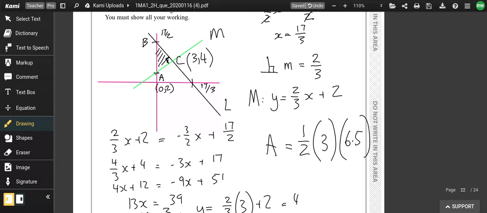Let's see what that is. 1.5 times 6.5 is 9.75 units squared. Okay, that's a ridiculous question, but it is the end of the paper, to be fair, so it's going to be hard.